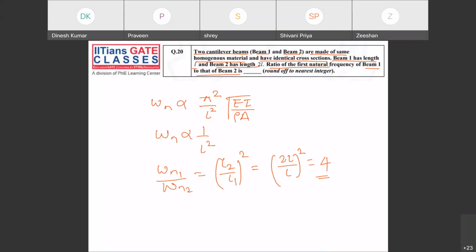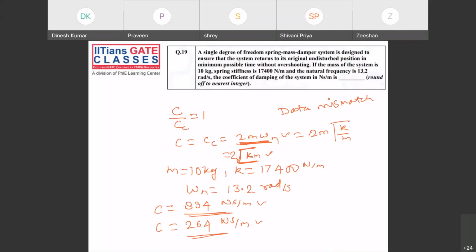See, that's what I have told now. In the previous question, uh, they have mentioned minimum possible time. So minimum possible time is only for critical damping. If you put more damping, your response will be more sluggish.